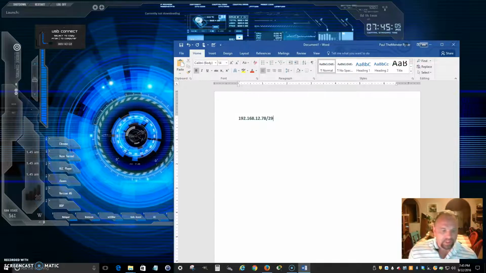Like I said with the boundaries, I think about what the next boundary is, remembering 8, 16, 24, and 32. So the next boundary is going to be 32. We take that and we know our mask, which is 29.